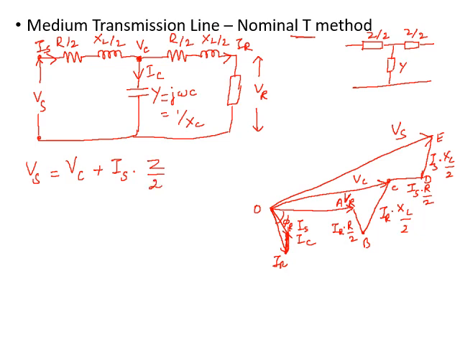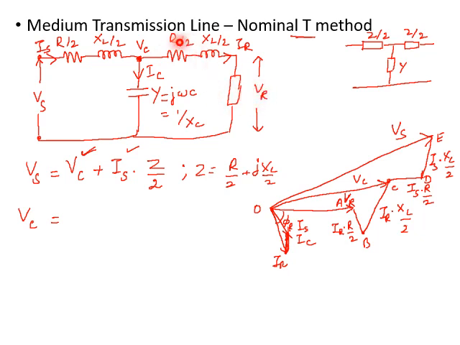Now what is Vc? We need to know what Vc is and what Is is. We already know Z is equal to R by 2 plus J XL by 2. So now we have to see what is Vc and Is. Vc, again applying the KVL, is VR plus the losses here.